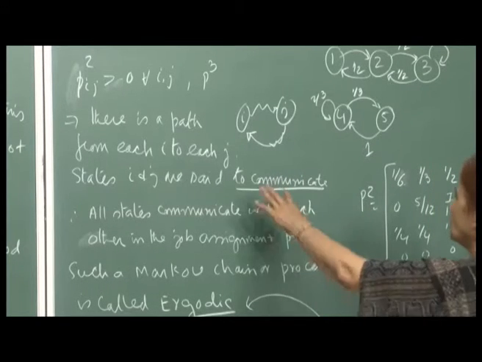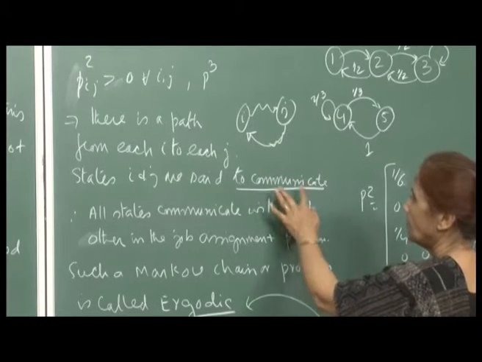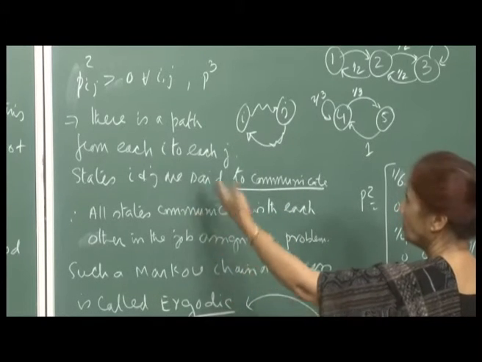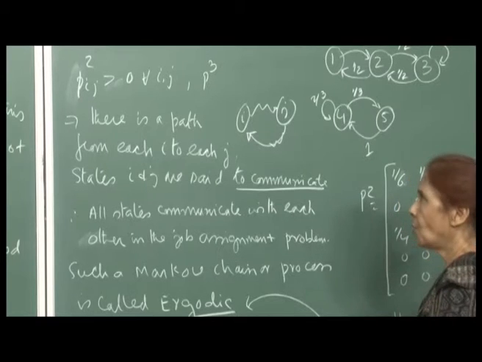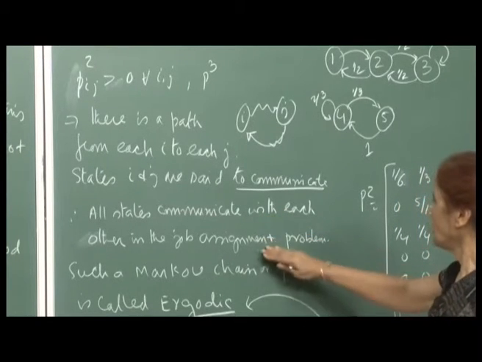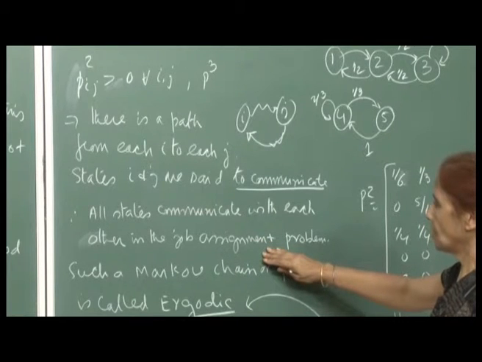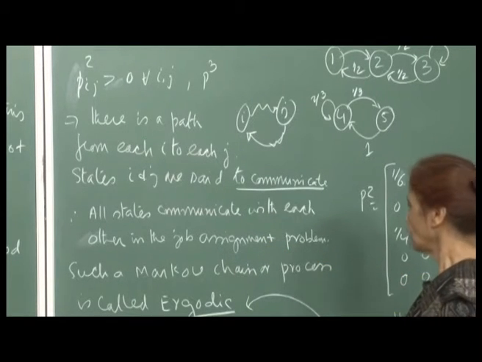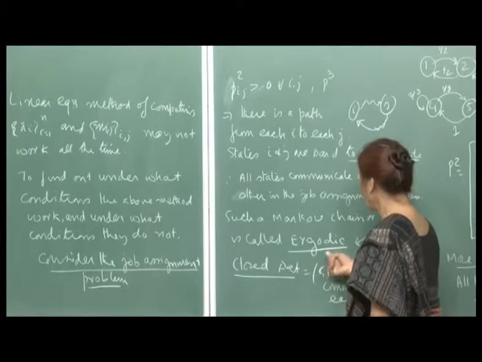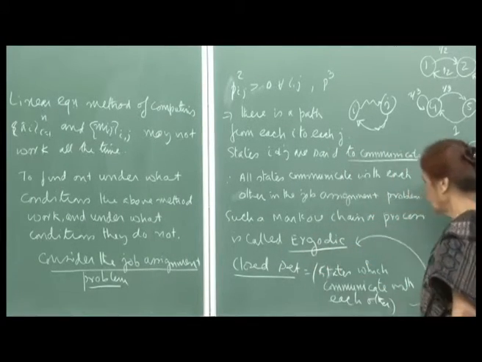Okay. So, they are said to communicate, and now because Pij2 is positive for all i, j, we conclude that all states for the job assignment problem communicate with each other, and such a Markov chain or process is called ergodic, and we will talk about this some more.